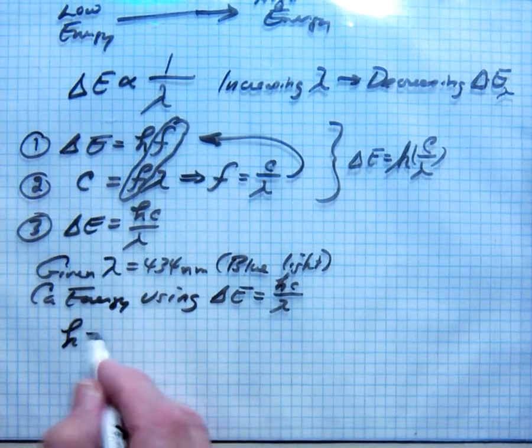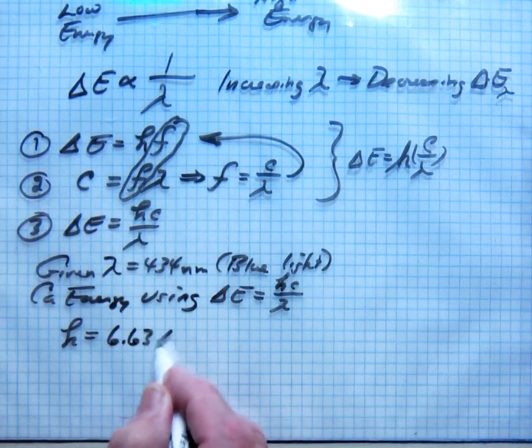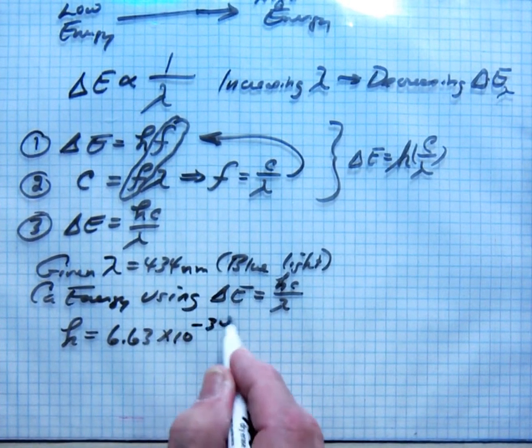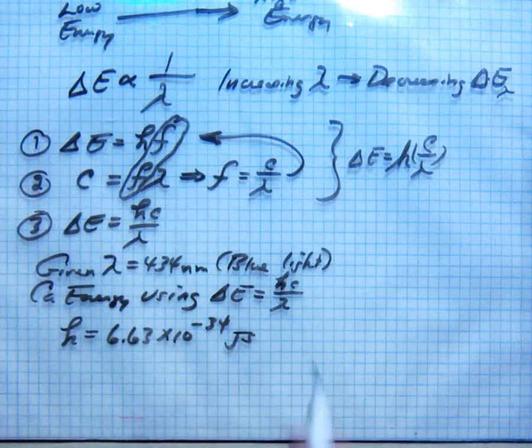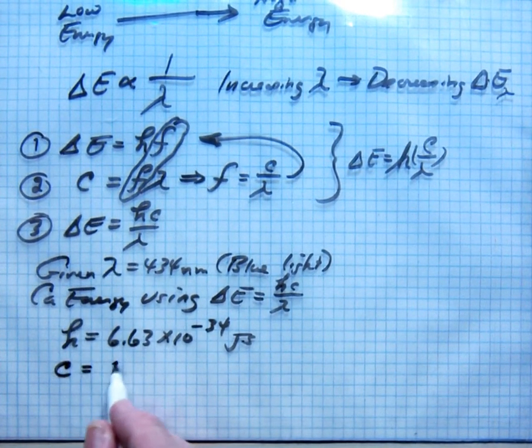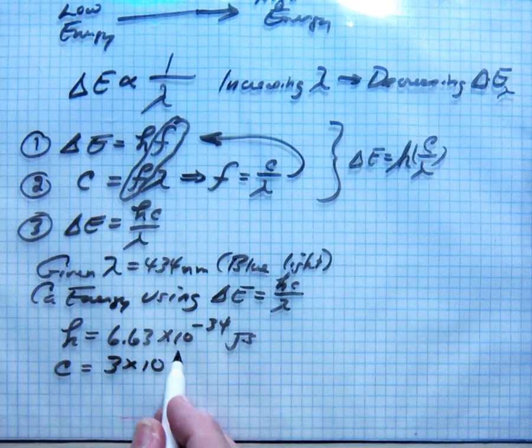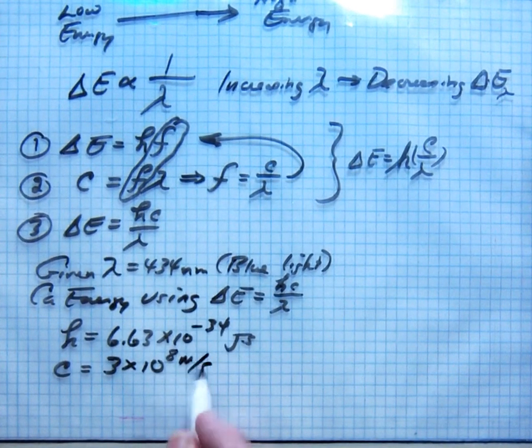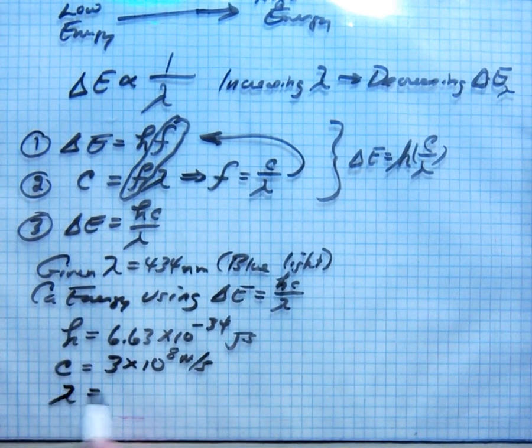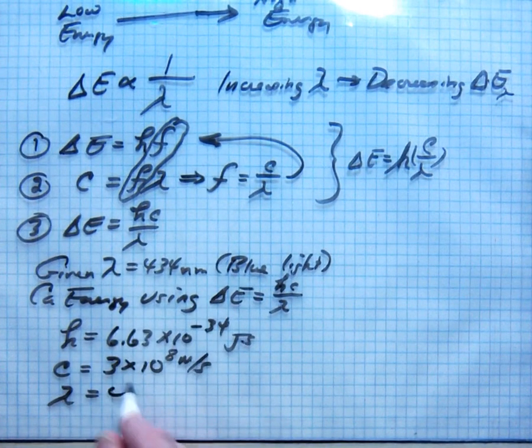Okay, so we want to use this. H is 6.63 times 10 to the minus 34 joule seconds. That's given. C is given also, 3 times 10 to the 8th meters per second. And the lambda is 434 nanometers.